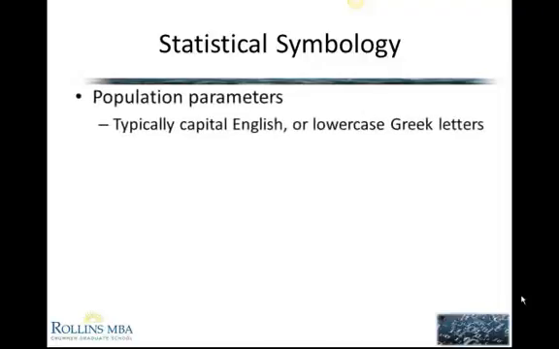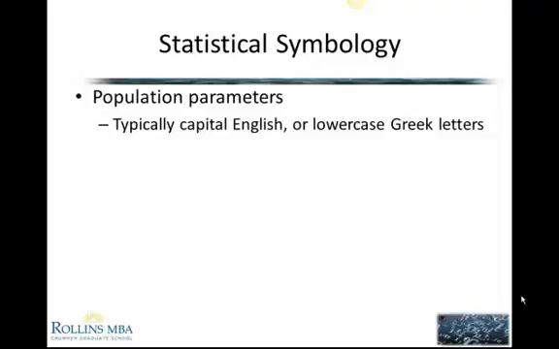And there are two types of symbols that we'll see pop up throughout this course. These are symbols for some of these summary measures, and they vary depending on whether we are trying to represent a measure for a population or for a sample. We'll make a greater distinction between populations and samples again as we get further down the road towards doing sampling and inferential statistics.